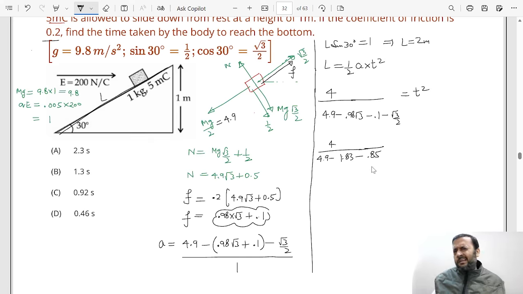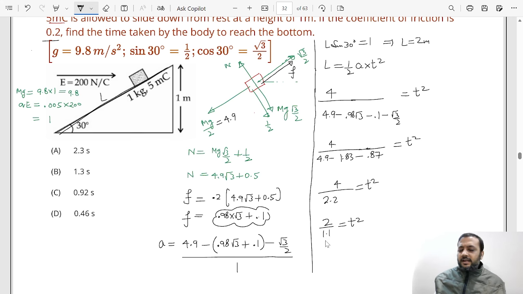You can say this will become 0.86 maybe. And for easing the calculation, let's put it 0.87, so this will become a good number. So look, this becomes 1.9 and 2.7. So this becomes 4 upon 4.9 minus 2.7. That means this becomes 2.2. So we can say that this value will be 2 upon 1.1, correct?